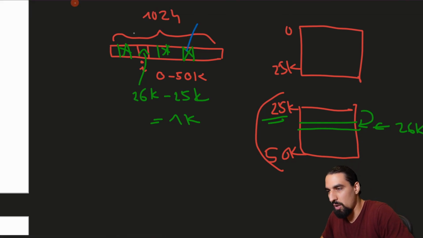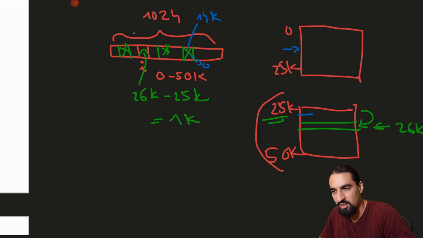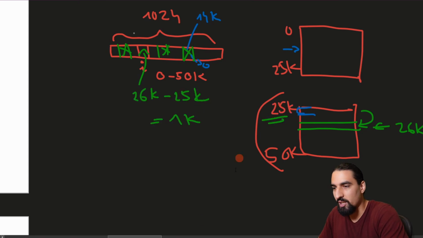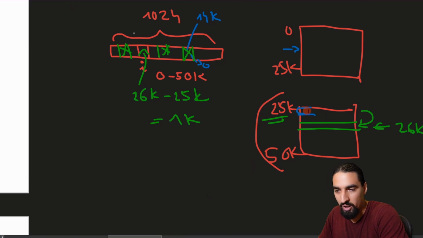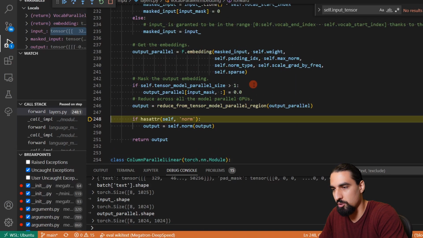So this one here was maybe 14K, that's the token ID. It was indexing somewhere here, but because we've set it to 0, it was actually indexing this vector here. That's why we had to do the zeroing out, because we don't want this embedding vector for this particular token.